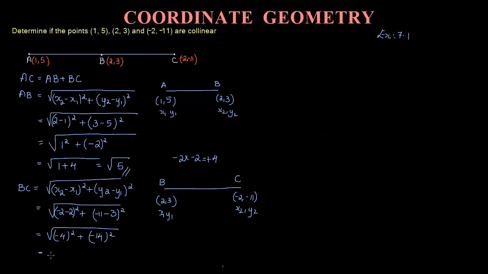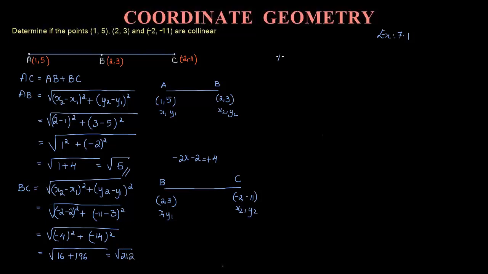So how much are you going to get? 4 square is nothing but 16. Minus and minus will get cancelled. You will be getting plus. Then 14 square is nothing but 196. So add these two. How much are you going to get? You are going to get square root of 212.